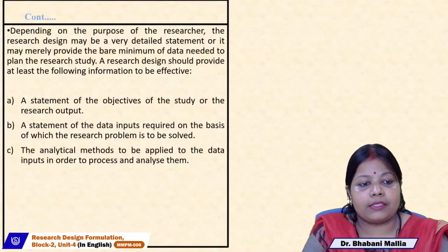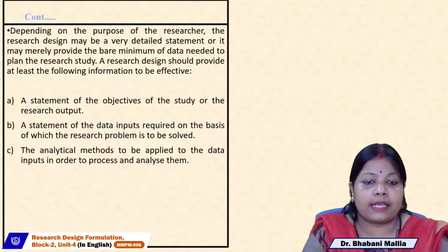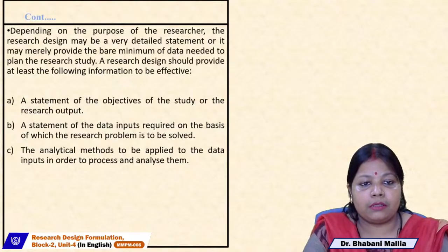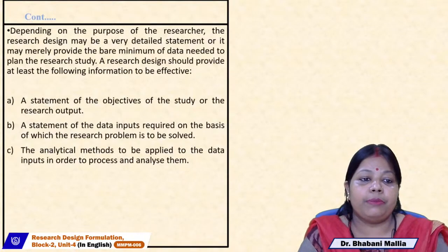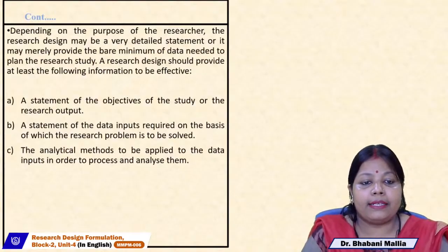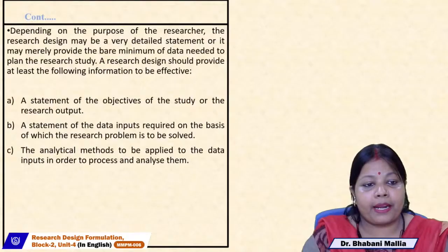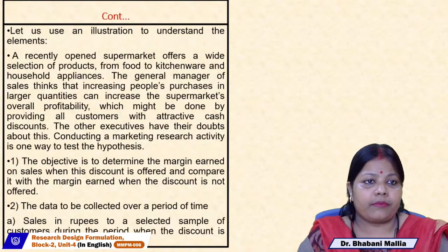Third, the analytical methods to be applied to the data inputs in order to analyze them. So we must know the research objective, how it will be converted to the statement of the research problem, and the analytical method to be applied to the data collected that needs to be analyzed.